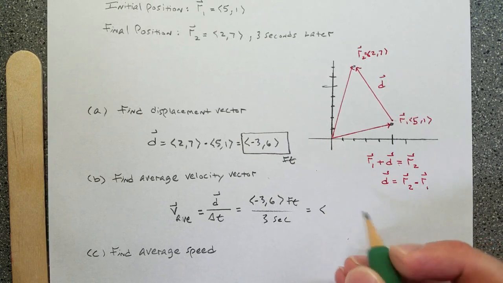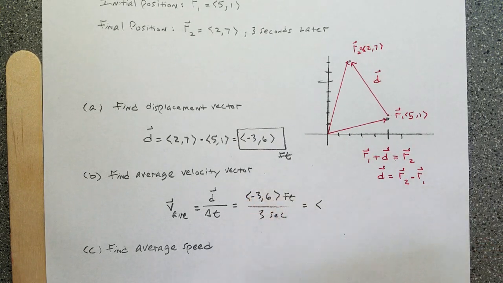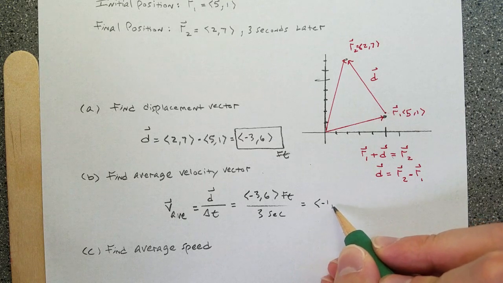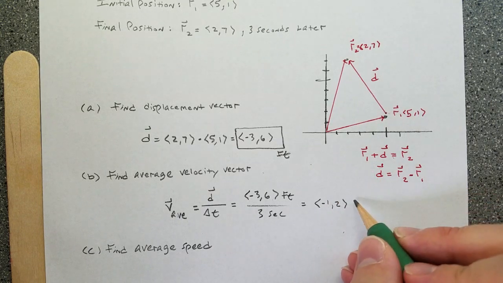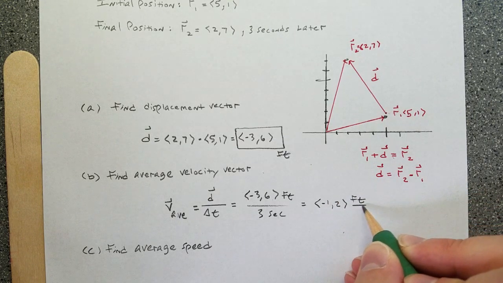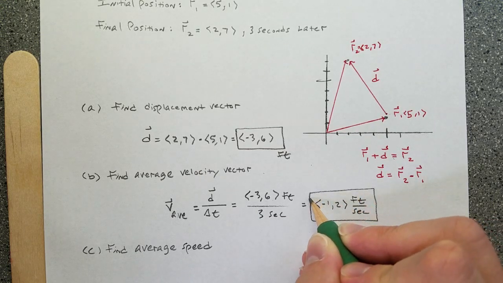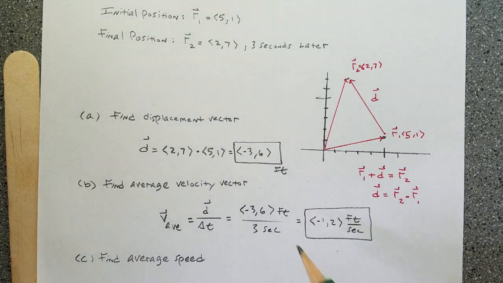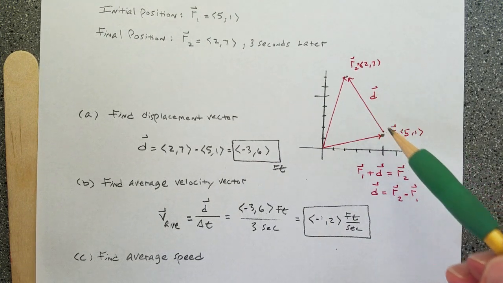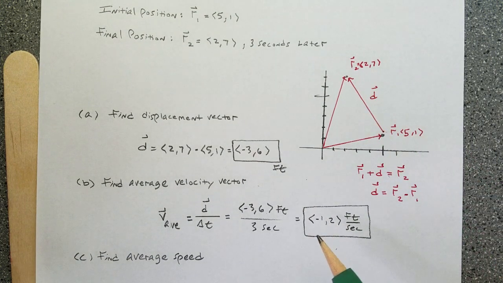So dividing this vector by that scalar, -1, 2 is the velocity vector, and it's in feet per second. It basically says that to get from here to there, you'd have to move in the direction left 1, up 2, with units of feet per second.